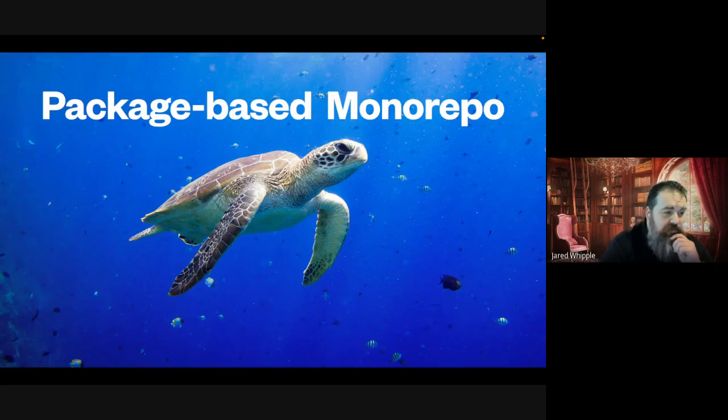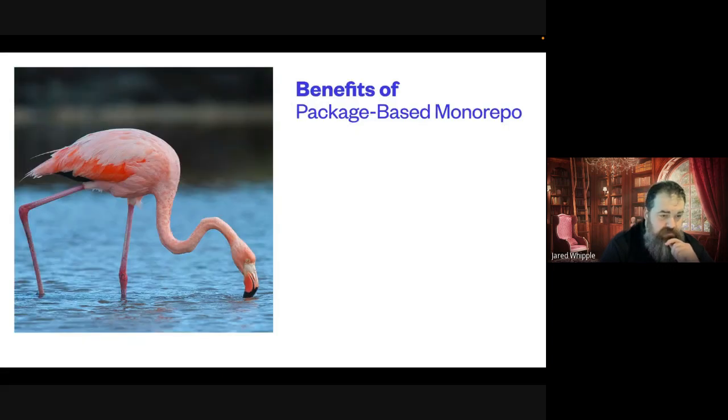But to continue on, so with the package-based monorepos, I just want to go over something like that really quickly. Some of the things on there. Your package-based monorepo, as you saw in there, is one of the options.